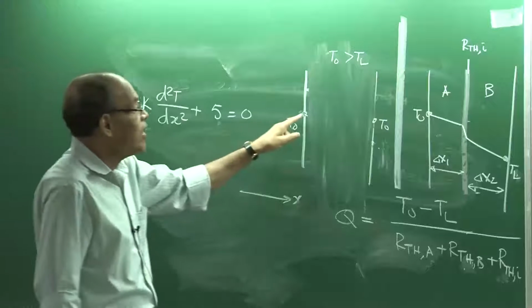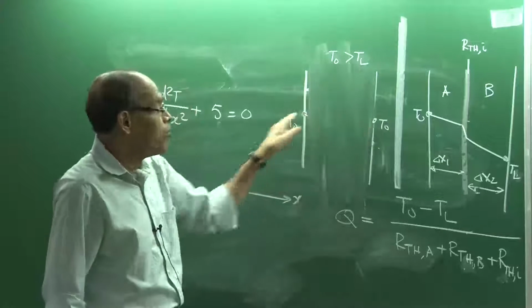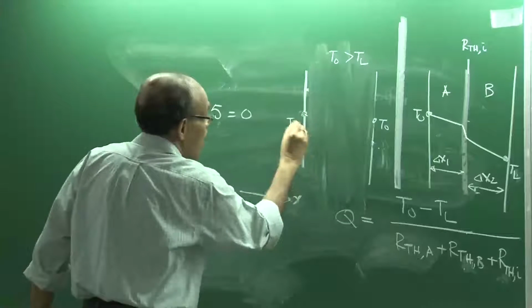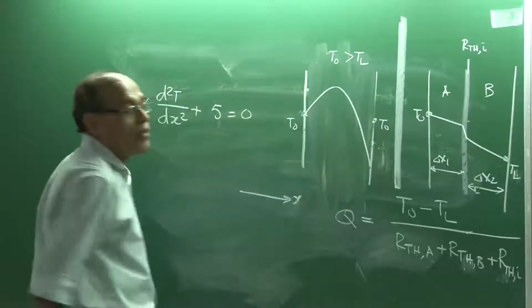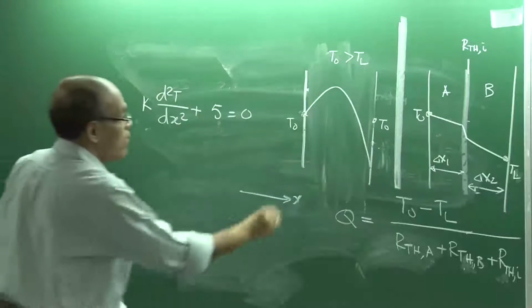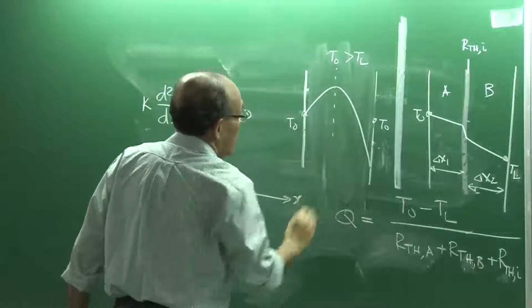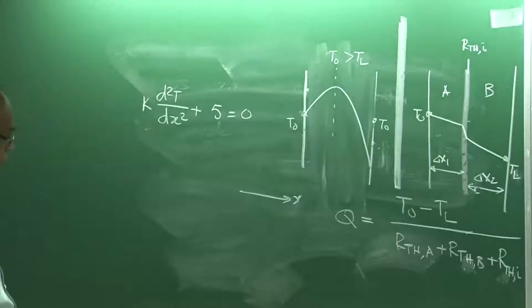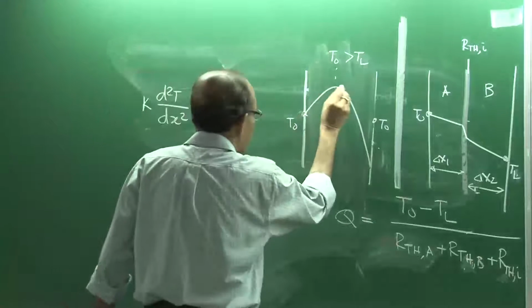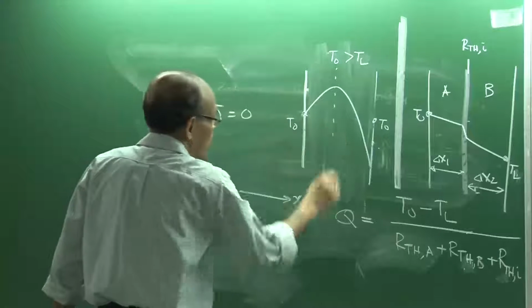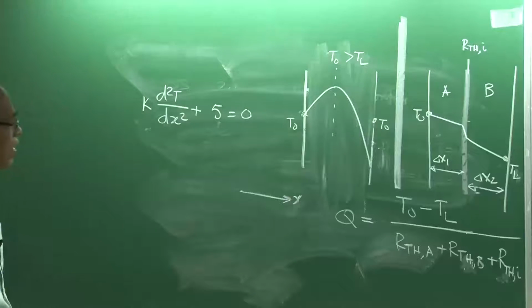We are going to see a regular parabolic graph between the two extremities. Of course, if it were a cylindrical domain, we could say that at the center line the gradient is going to vanish, but in this particular case of course that condition does not apply.